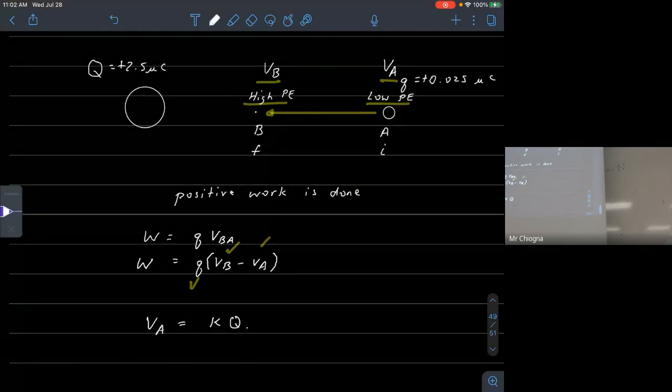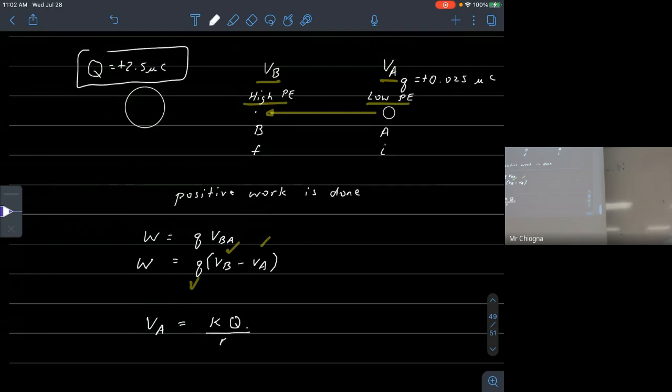It's the only big Q. That's the one you're going to use. This should be RA. What's RA? RA is the distance from big Q, that's your RA. That distance.